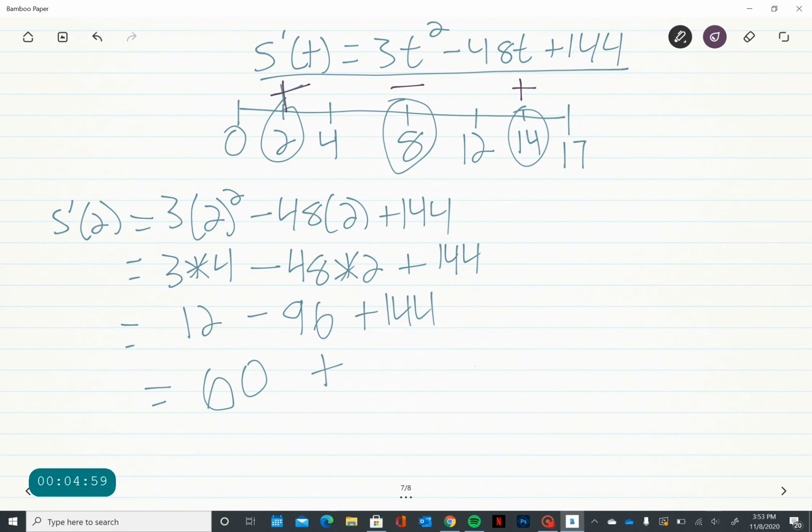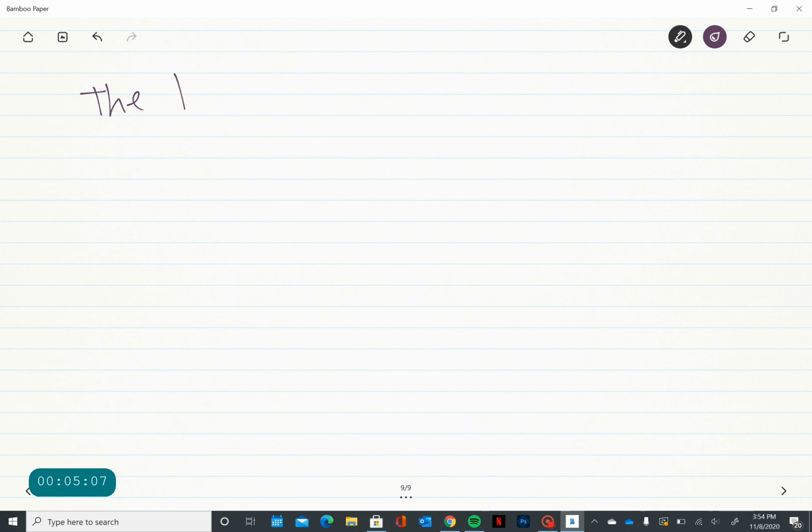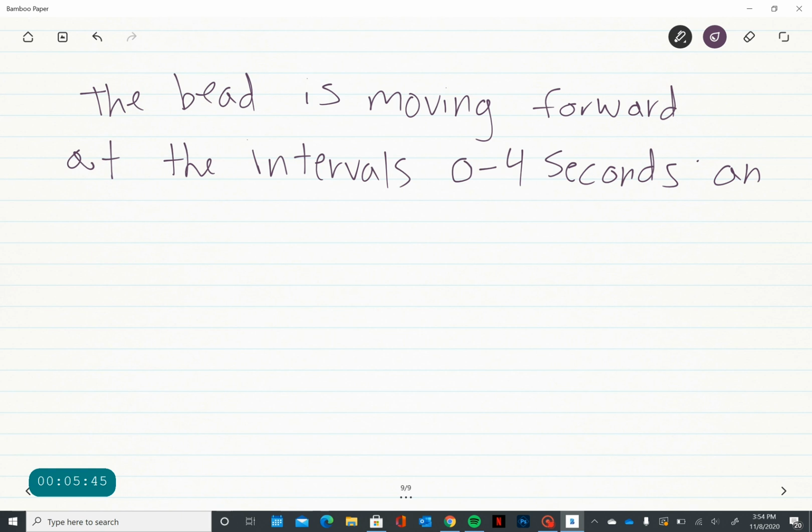So now we can say the bead is moving forward at the intervals 0 to 4 seconds and 12 to 17 seconds.